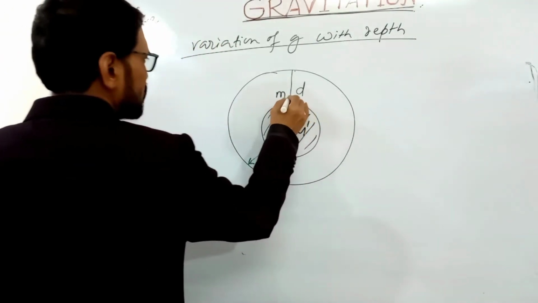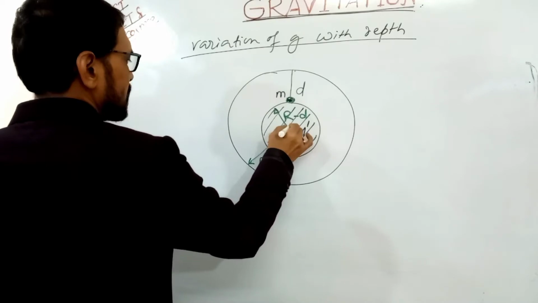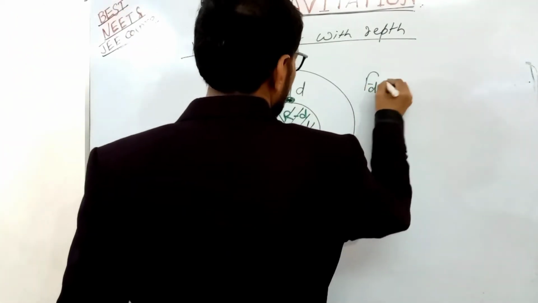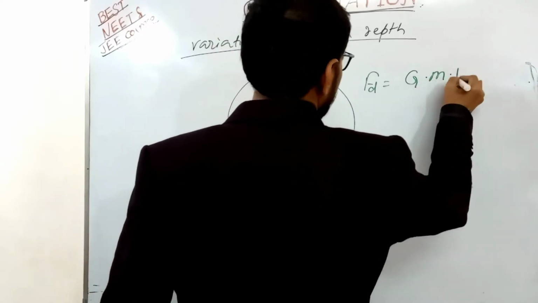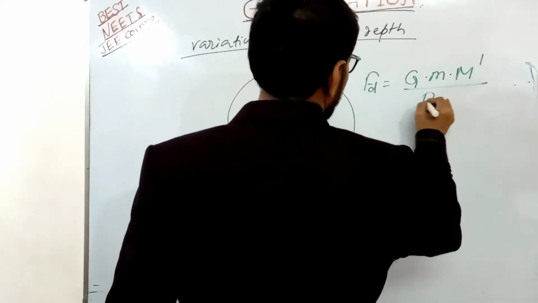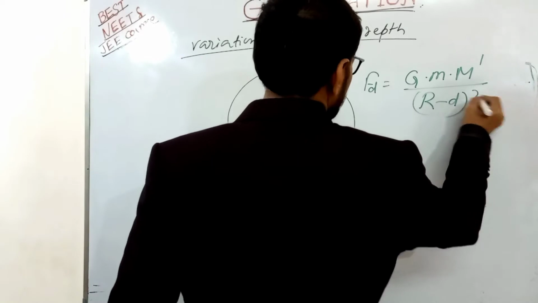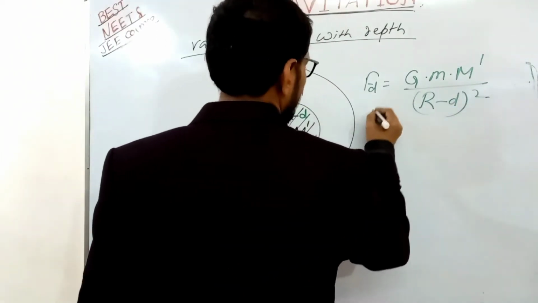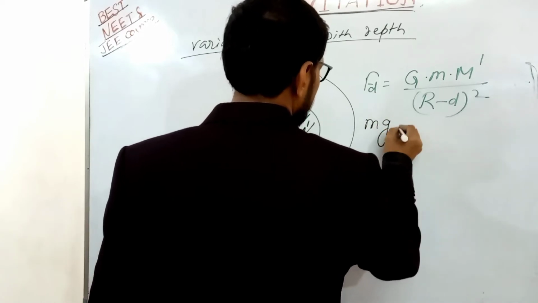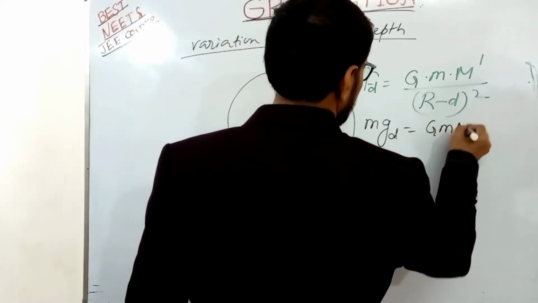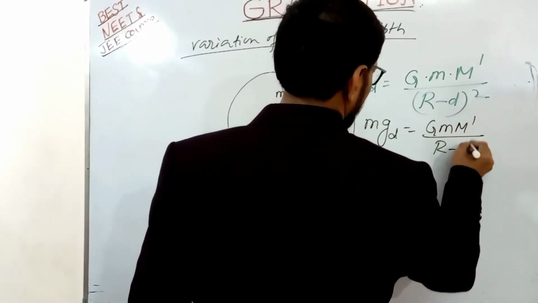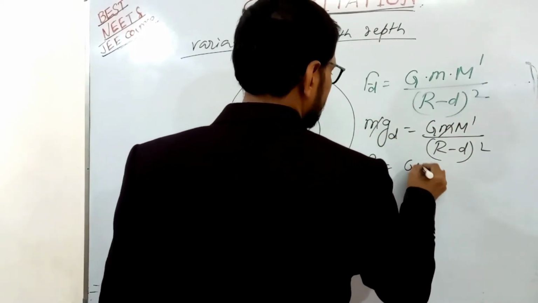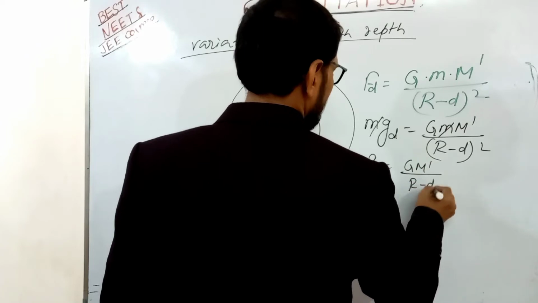Now the force acts between this mass and the sphere of mass m dash. So force fd equals G m dash m by r minus d whole square, which is fd equals mass into gd. m cancels, so gd equals this.